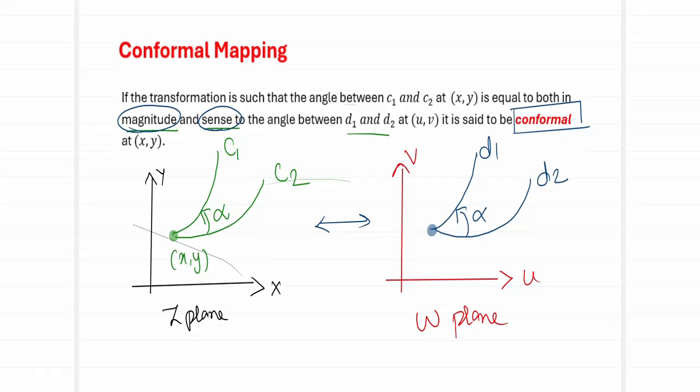So you have it to be conformal if the magnitude and the sense between any two curves is preserved.